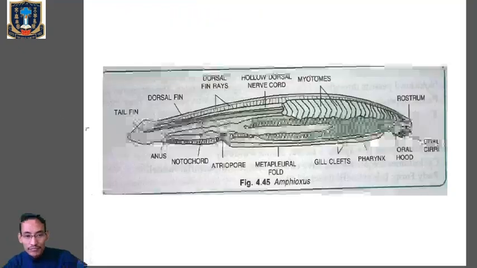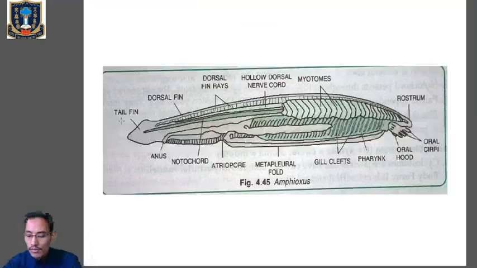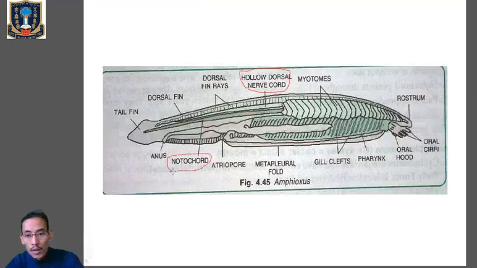Okay, so we have said that the tail persists throughout the life, and it bears a caudal fin also. So when we look into the structure of Amphioxus or Branchiostoma, we will see the presence of the hollow dorsal tubular nerve cord. We'll see the presence of notochord. We'll even see the presence of pharyngeal gill clefts.